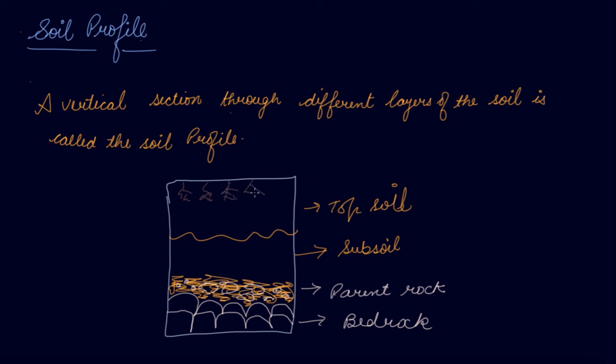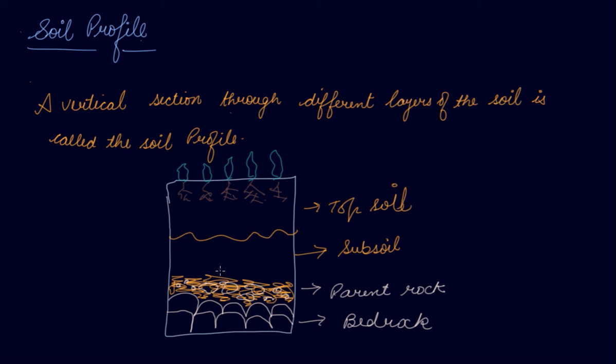These are some of the roots of the plants that I'm drawing. The soil in which the plant grows and the roots are there is your topsoil. Under it there is subsoil, then parent rock and then the bedrock.